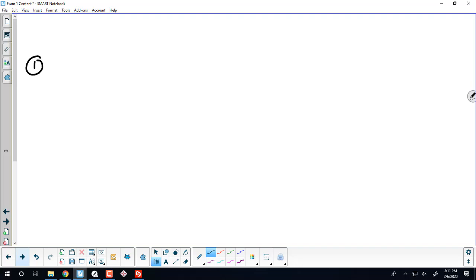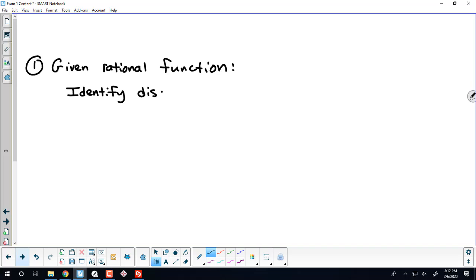There is one question where you're given a rational function. Remember, a rational function is a polynomial over a polynomial. So given the rational function, you want to identify the discontinuities, like the hole or vertical asymptote, that kind of thing.